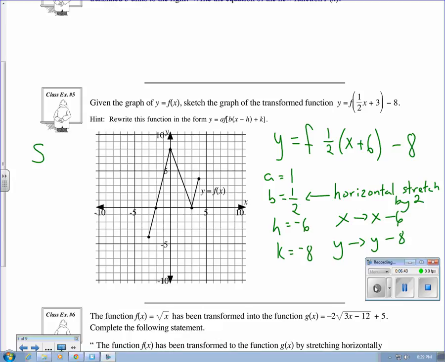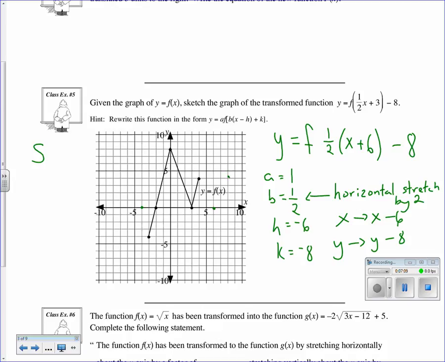So looking at that stretch, I'm going to stretch by 2. So I'm going to take all my x values and move them by a factor of 2 to the green spots. So my -2 becomes -4. My 3 becomes 6. And my 1, 2, 3, 4 over here should transfer over to 8. 6, 7, 8 at that same spot.